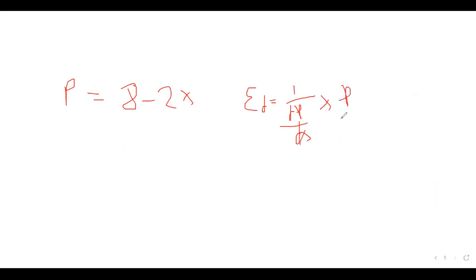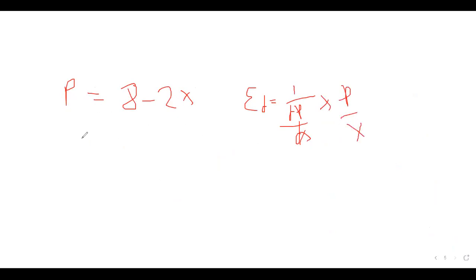However, if you're so in love with calculus, you can simply say elasticity of demand is 1 over dp over dq, times price over good x.